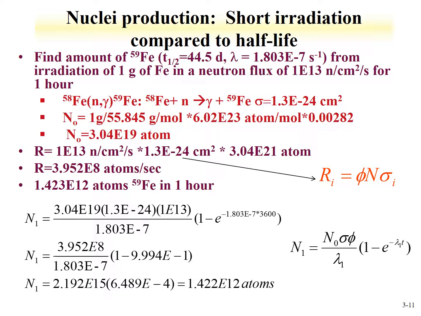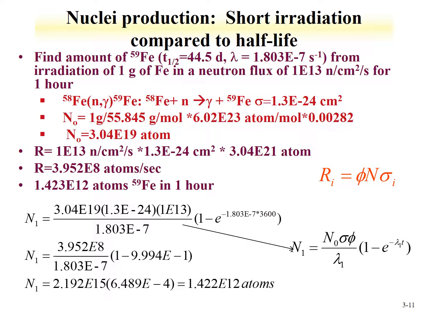Now let's do the full expression where we utilize this equation, which accounts for the decay of the iron-59. And the terms we need here are the cross-section, the flux, the initial amount of target, the decay constants, and the total time. So we see here's the total time, 3,600 seconds. We said we're going to irradiate it for 1 hour.